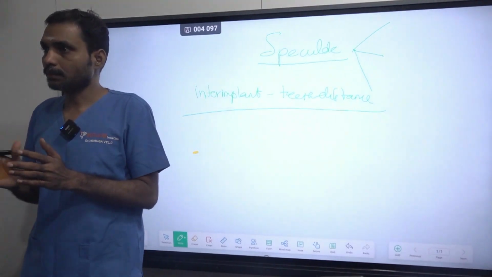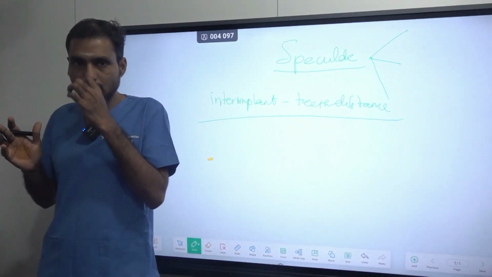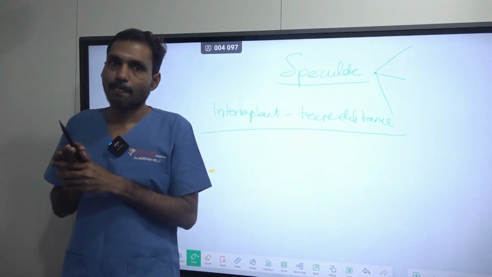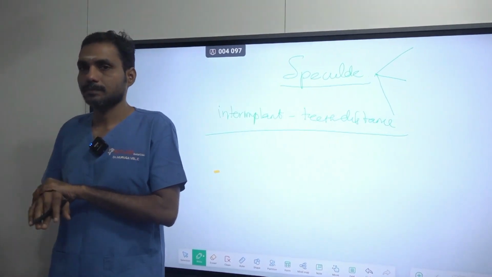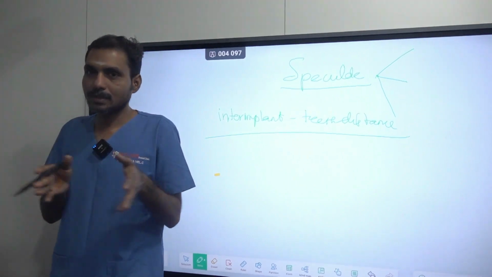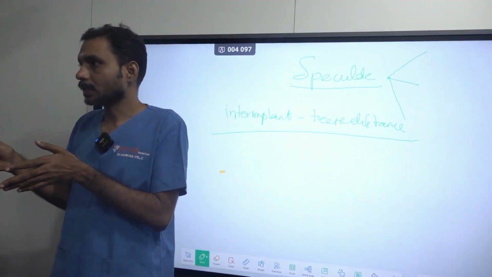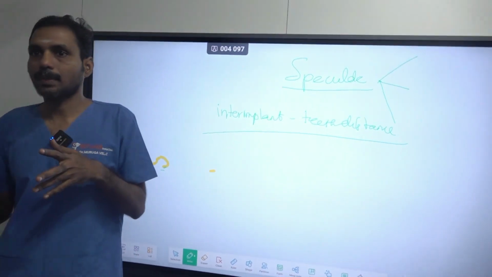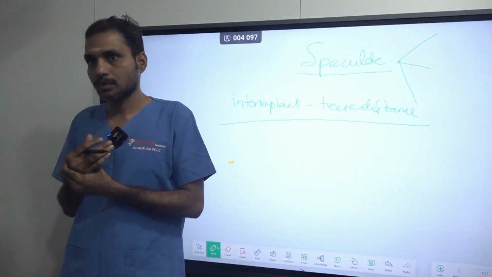Between the implant and the implant, and between the implant and the natural tooth, there should be sufficient amount of bone. If it gets compromised, then it's similar to social distancing, no? There should be a distance between the implants or between the implant and the teeth. Why should there be sufficient bone between the implants or between the implant and the teeth?